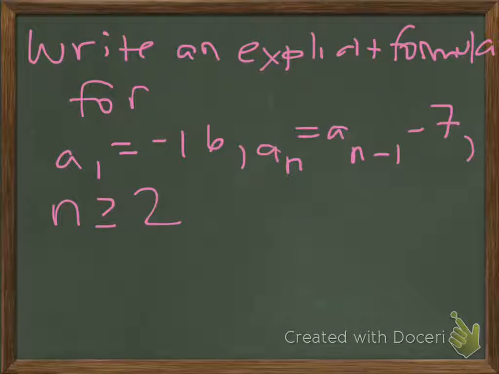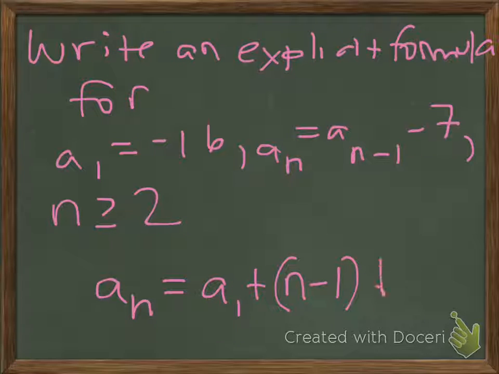And then the last one, write an explicit formula. That is going to be using our arithmetic sequence setup. So it was a sub n equals a sub 1 plus n minus 1 times d. So we need to look at what they give us here.